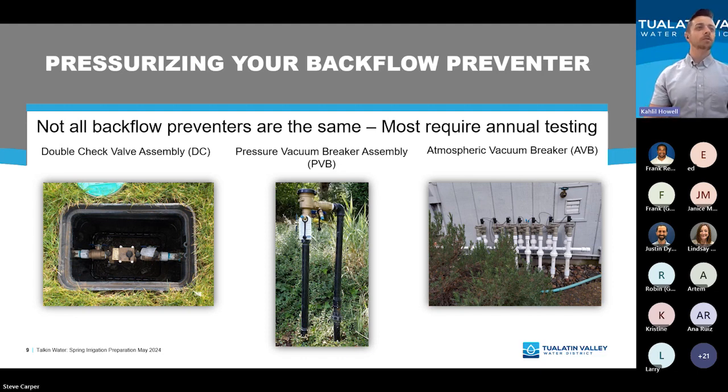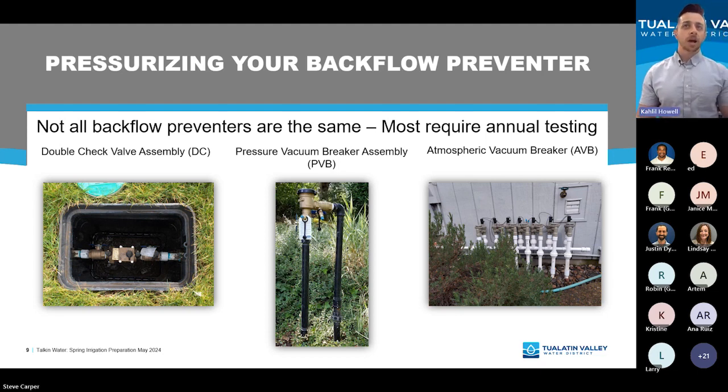This is probably over 95% of what we would see on a residential irrigation system. So this is probably what you have to your irrigation. In the middle here is the pressure vacuum breaker assembly, called just the PVB. And then on the right is the atmospheric vacuum breakers, or the AVBs.